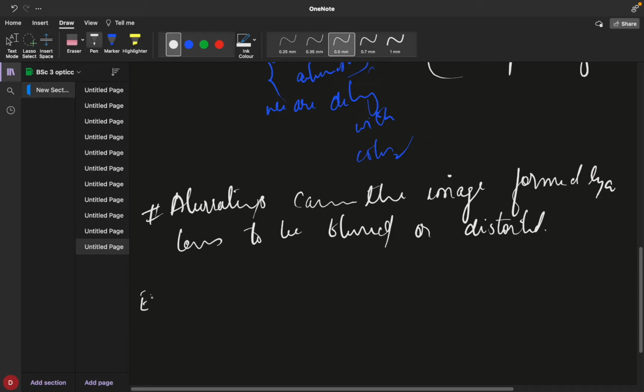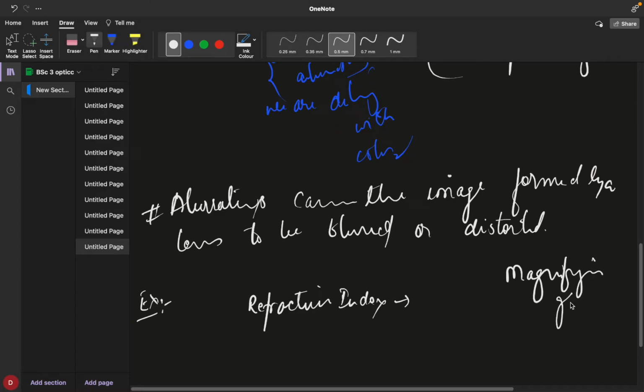Let's take an example. Suppose there is a book and something is written like refraction, or say the word refractive index. Suppose its font is so small that to read it I need a magnifying glass.